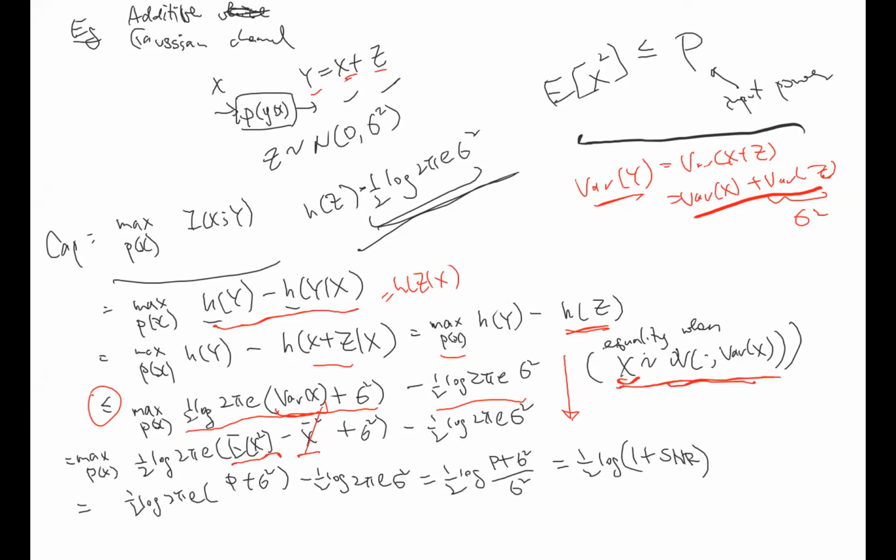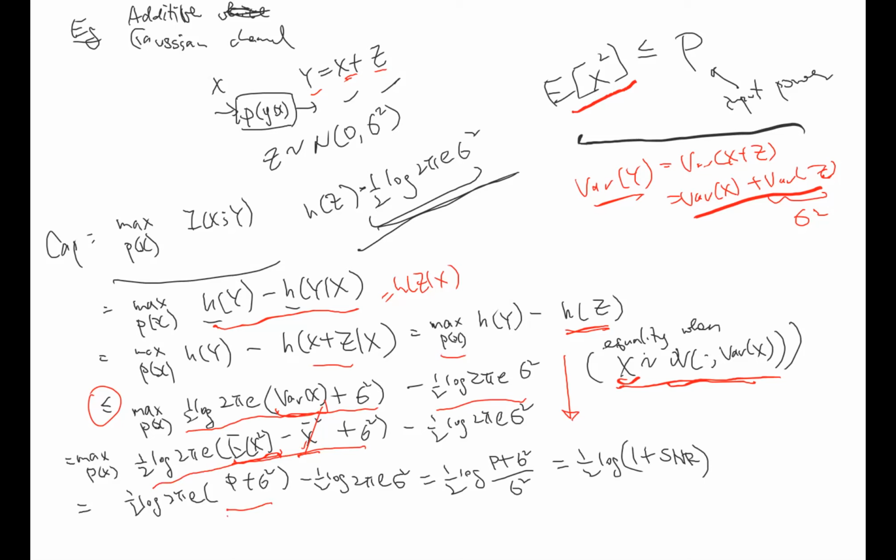Because I have a constraint that expectation of X squared is less than or equal to P, I want this to be big, so I would like X bar to be zero. In other words, X is zero mean, and the maximum expectation of X squared I can get is P. So this will be less than or equal to P over sigma squared, and this is achievable when X is Gaussian with zero mean and variance equal to P.